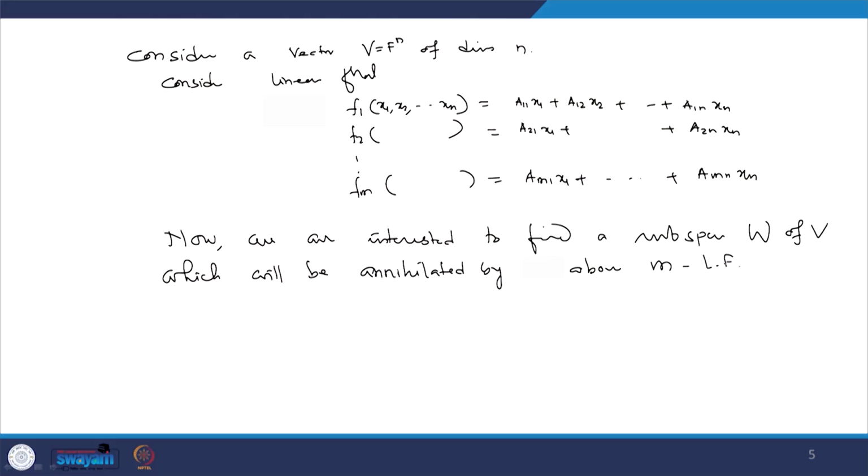Once r is obtained, then we have to find the subspace of V which will be annihilated by these r linearly independent linear functionals. That is basically the solution of Rx equal to 0. So, from that you will get a solution space W. I will get a basis for W, and linear combinations of all the basis elements will give the subspace W, which will be annihilated by these f1, f2, fm linear functionals.